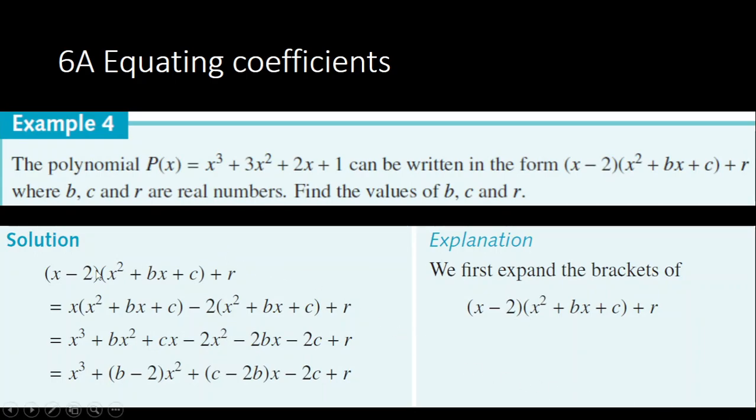Looking at the form that has a product, you will expand each term with the second bracket, regroup the like terms, and what you would get is matching with the original equation. So we're going to match that.